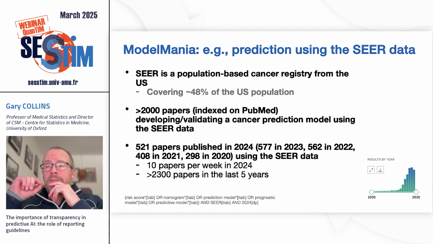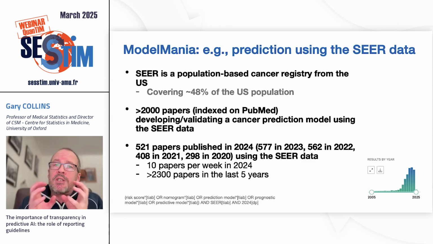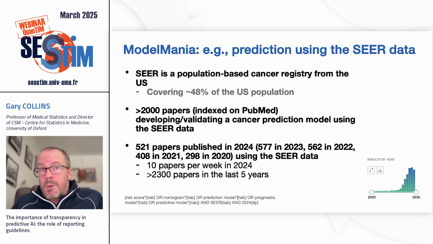Last year alone, there were 521 papers published using that single data set. So these are just models for oncology. Just trying to illustrate, 10 papers per week were being published developing a model using that single data set. So you can extrapolate that to other data sets, to other clinical areas. Now we're seeing thousands and tens of thousands, probably a week, of published models, whether they're regression or something more advanced using AI machine learning.